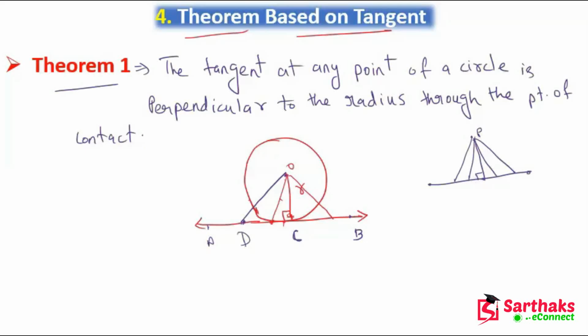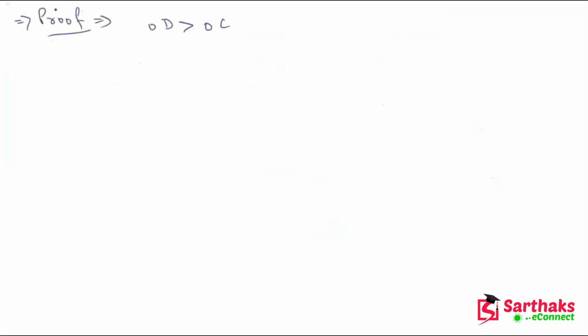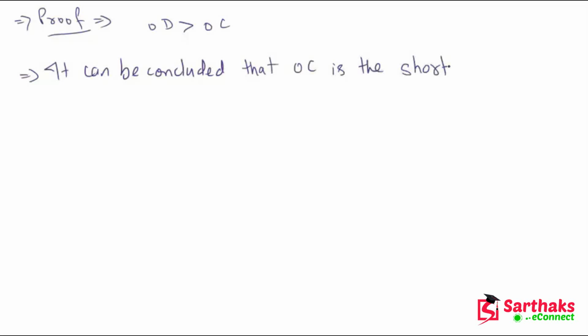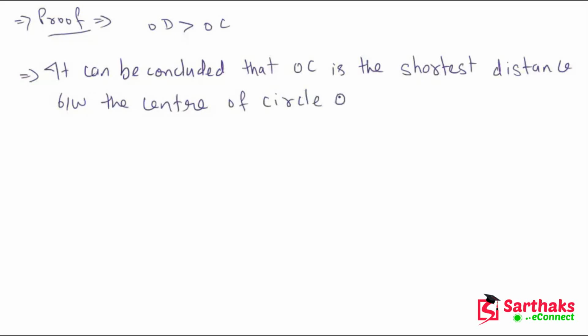I hope you understand these things. So here we can conclude that OC is the shortest distance between the center of circle O and tangent AB.